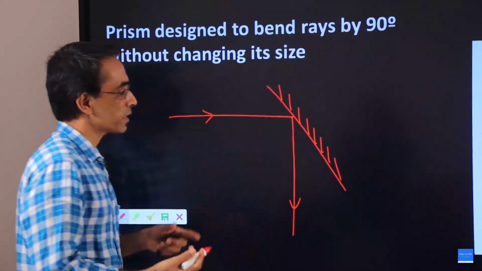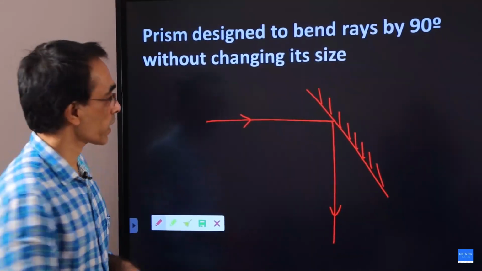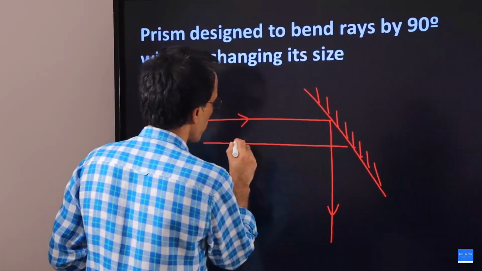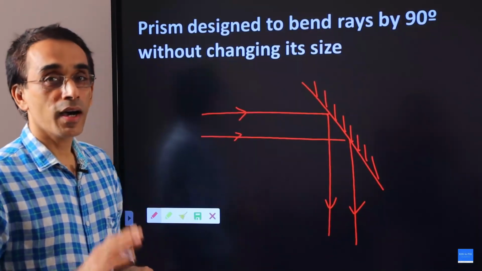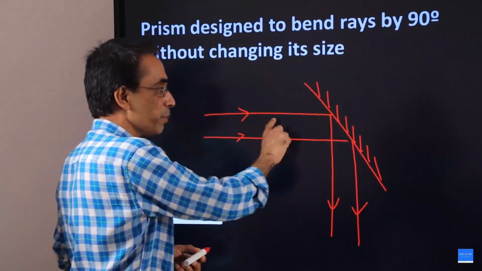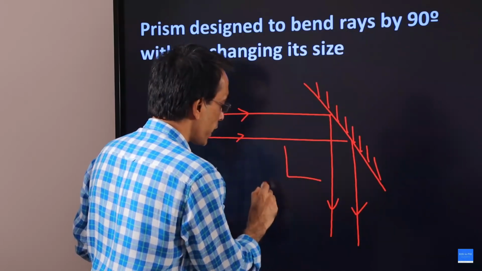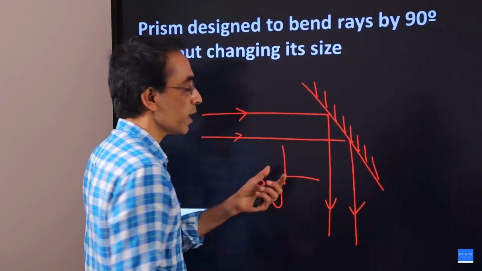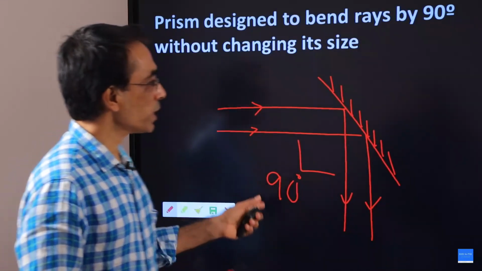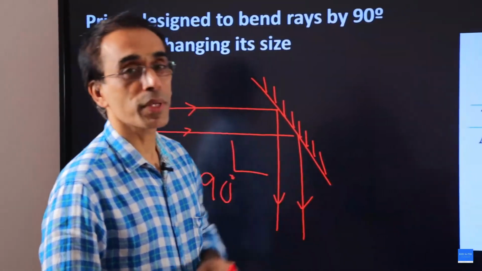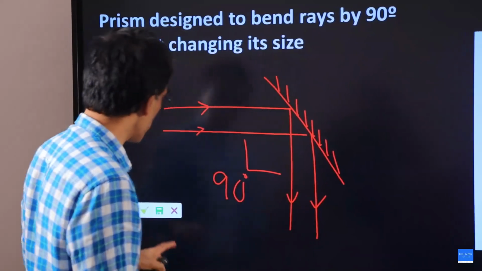By adjusting the angle, you can make it reflect like this, and if you have one more light ray, this can also get reflected. You can make a light beam bend by 90 degrees using a plane mirror. The same thing can be done using a prism and using total internal reflection.